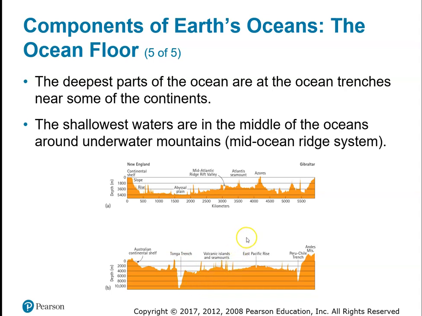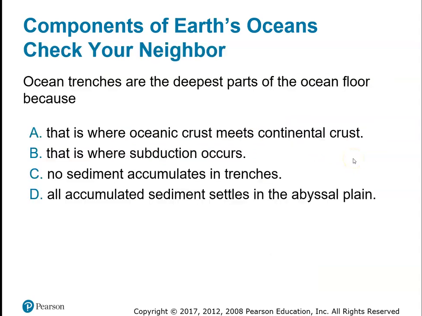And what else? All right, so the shallowest waters are in the middle of the ocean, around the underwater mountains, near the ridge systems. Ocean trenches are the deepest parts of the ocean because, let's see.